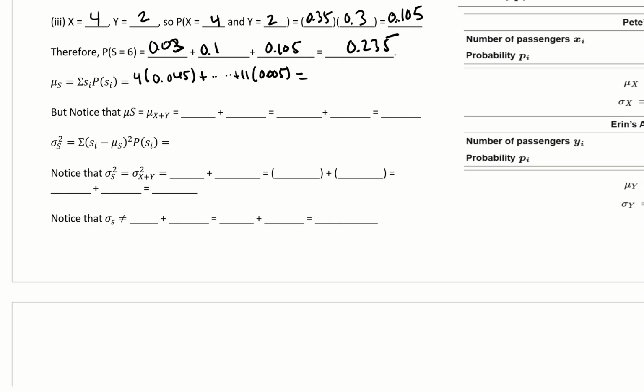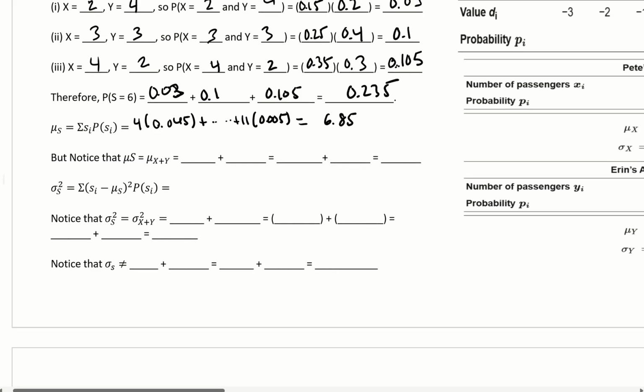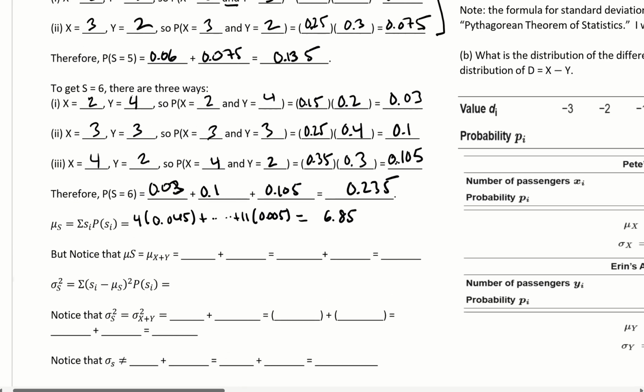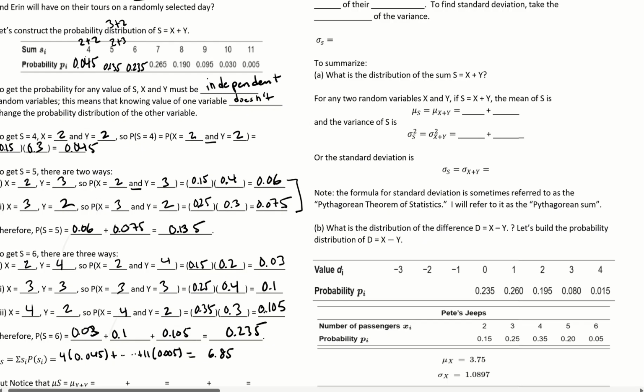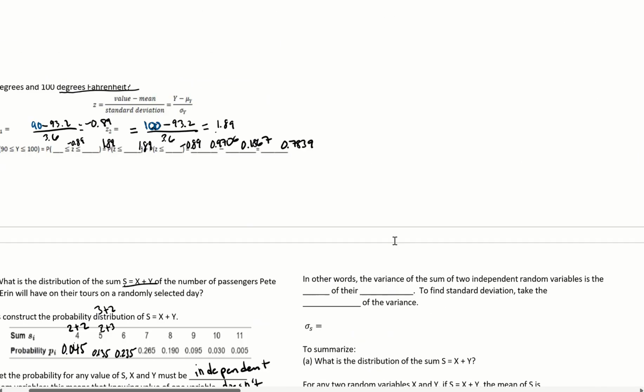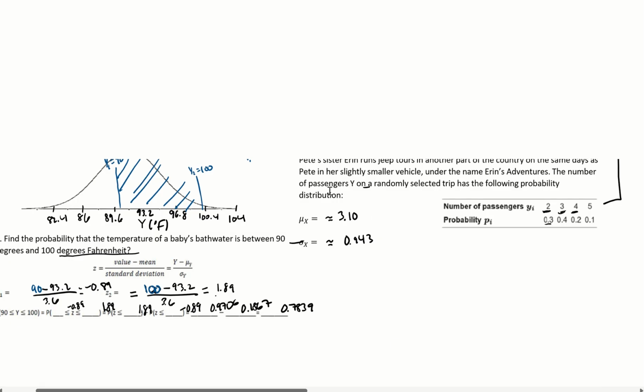And you get a sum of 6.85 passengers. So remember that Aaron's sum we calculated was 3.10.